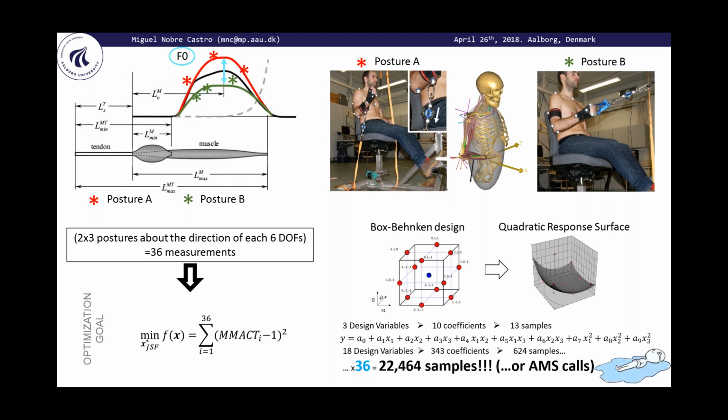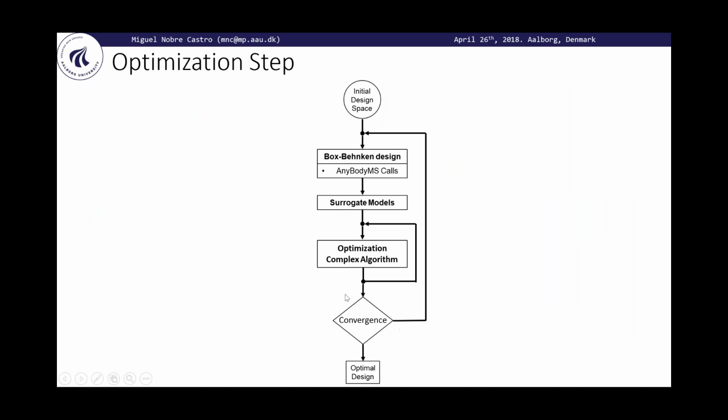So that's the way we have to economize time, is to resort to these surrogate models. It looks bad, but it's better than if we were not resorting to it. So that is exactly the problem, because for the optimization step, we resort to a global optimizer called the complex algorithm.